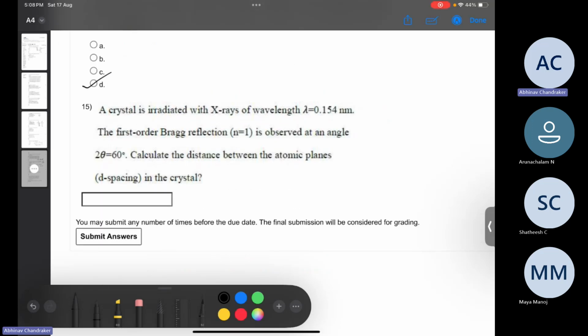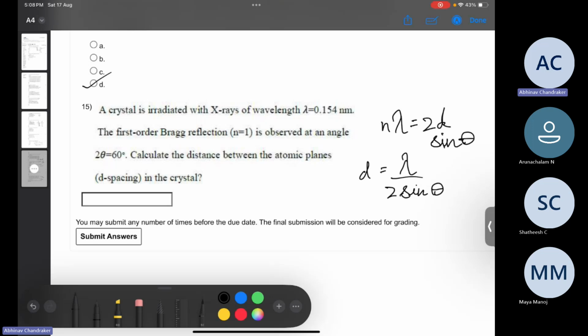Last question. This is also related to the Bragg's equation. If any of you have already solved this assignment, you can tell what is the answer you got. Here we need to calculate the distance between atomic planes. So the d value, with n equal to 1, this is first order reflection, d equals lambda by 2 sine theta.